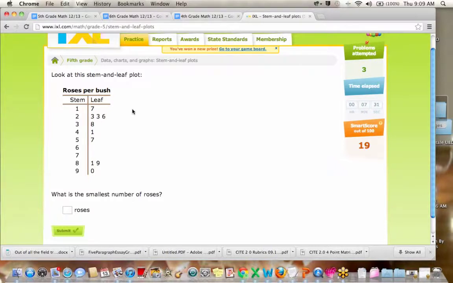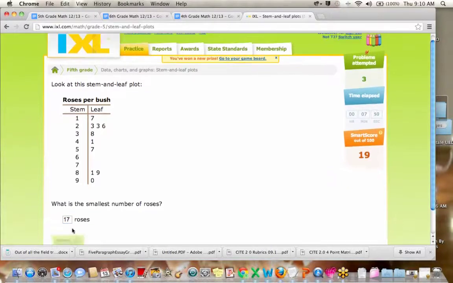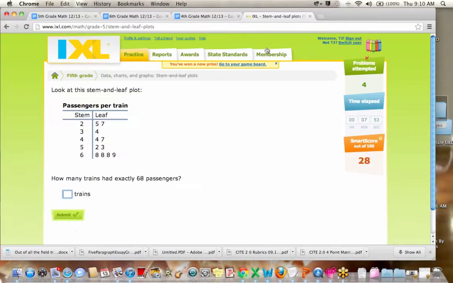Okay, good. What is the smallest number of roses? Everyone type into the chat. Okay, I got Sierra's, I got Jacob. Smallest number of roses, Autumn, and looks like Nicholas had to go. Smallest number of roses is 17. Good. All right.